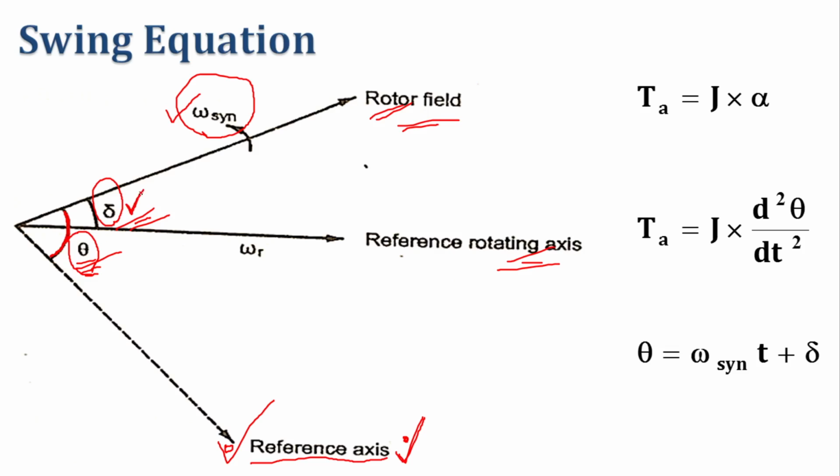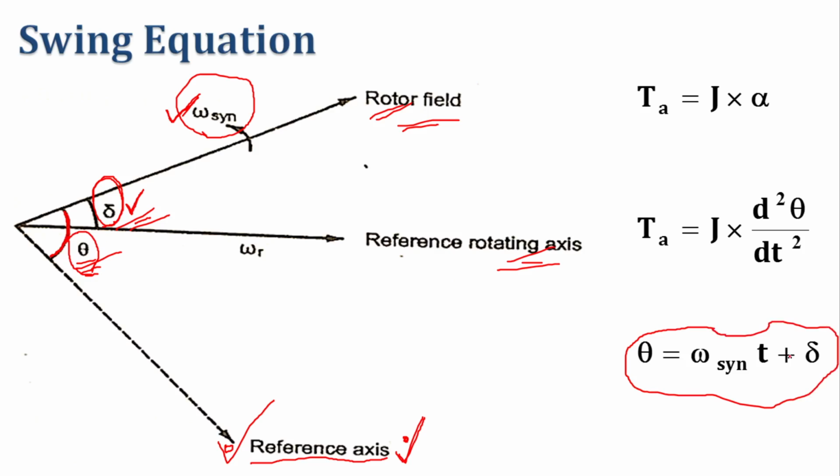So theta is equal to omega synchronous multiplied by t plus delta.